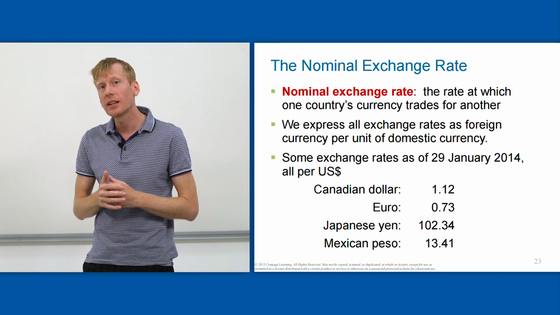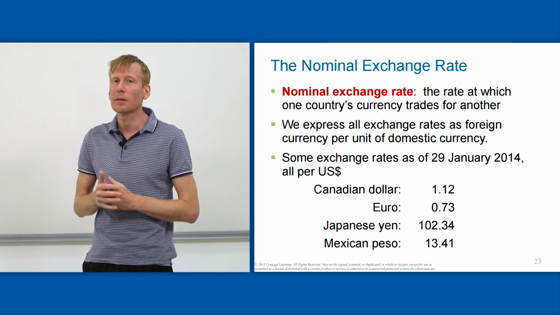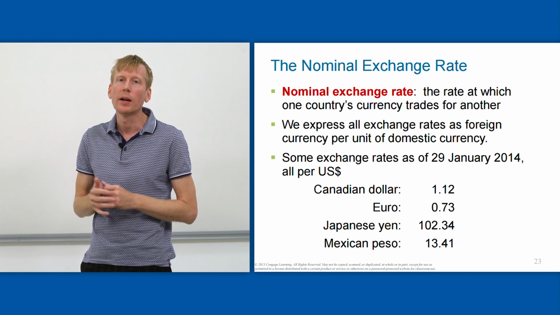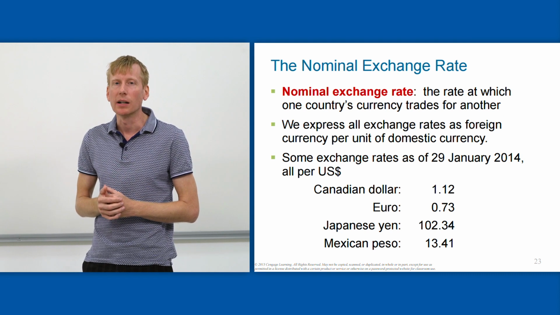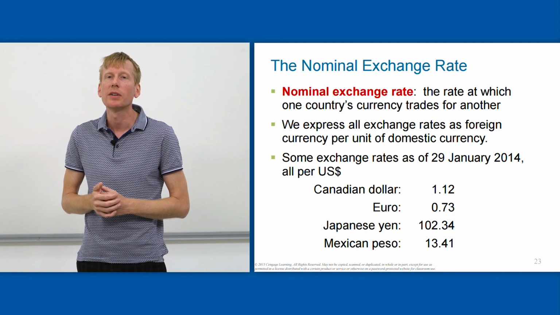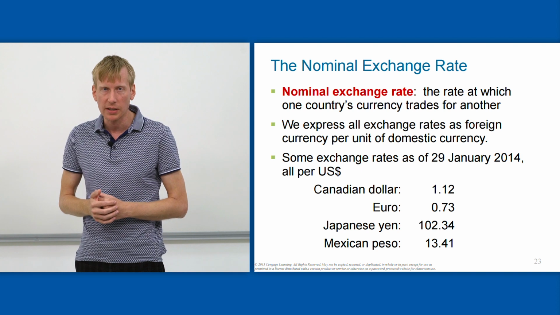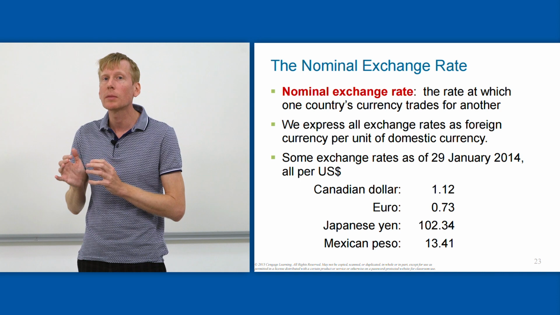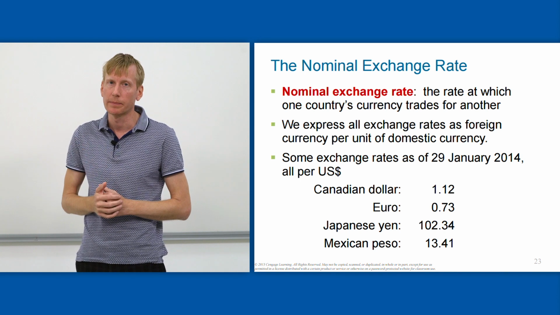You could buy 13.41 Mexican pesos with $1, or you could buy 102.34 Japanese yen with $1. Those are nominal exchange rates, or they were nominal exchange rates as of January 29, 2014. Those are, of course, not real exchange rates. We'll get into in a bit how to calculate a real one.